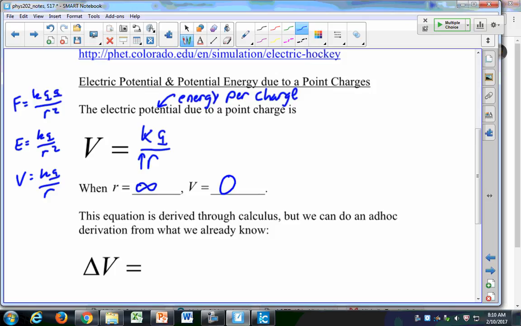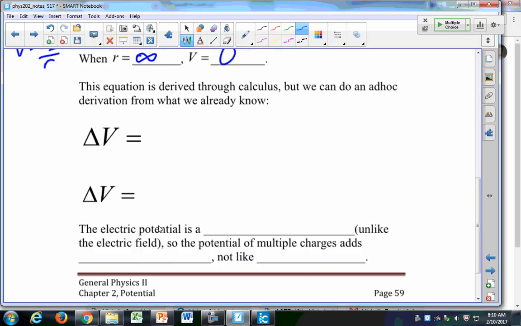In practice, it doesn't have to be that far away, especially if you're talking about little charges. You just move a few feet away, and that's like infinity. Your potential is basically gone down to zero. We can do an ad hoc derivation. We're not going to go through the full derivation, but our ad hoc is just sort of like this: our delta V is E delta x.